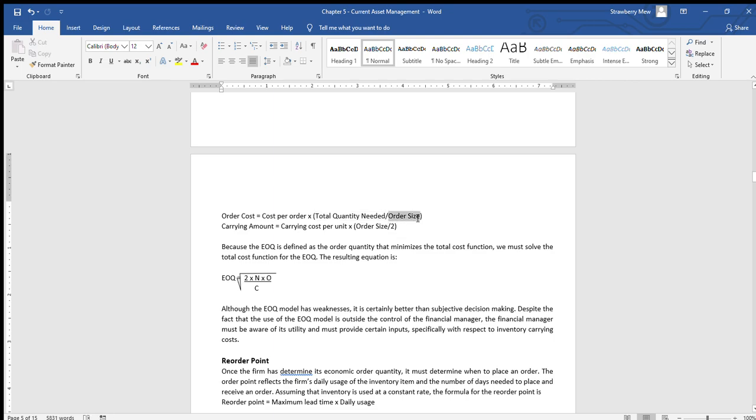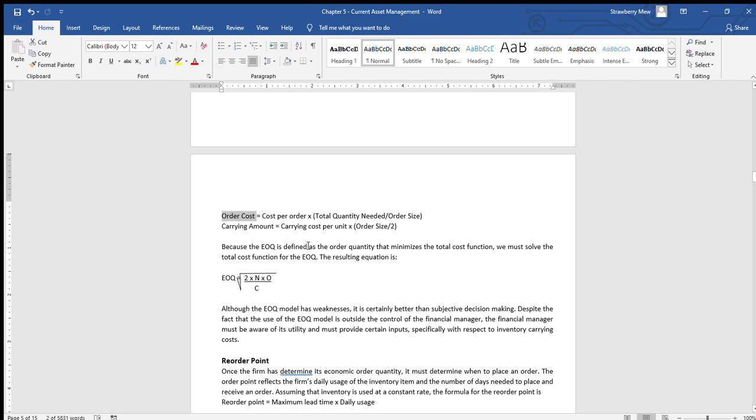Okay, so ilan yung ino-order natin per order. So kapag dinivide natin ang total quantity needed divided by the order size, we get now the number of times na kailangan natin mag-order, right? So this determines kung ilang beses tayo nag-order per period. Tapos you multiply it by the cost per order to get the order cost.